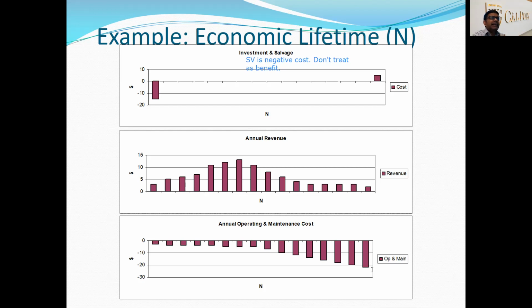It has some initial costs and some salvage, then it has some annual benefits, and then it has some operation and maintenance costs that start to go up over time, because as the asset gets older, it just requires more to maintain. So these are all the cash flow diagrams, in their nominal values in the year that the expenses or benefits occurred.